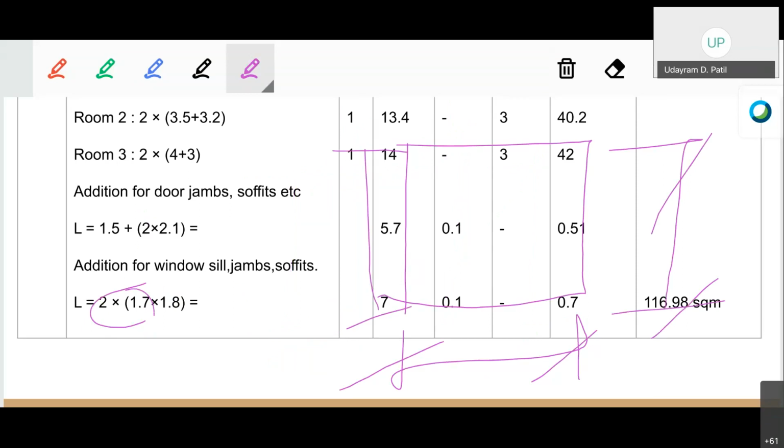Okay, therefore the perimeter will be 1.7 plus 1.8 multiplied by 2.